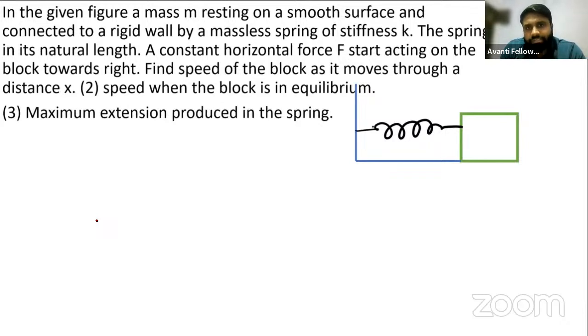Find the speed of the block as it moves through a distance x; second, the speed when the block is in equilibrium; and third, the maximum extension produced in the spring. So these three things we have to calculate. A constant force F is applied on it, this block has a mass m, this spring has a stiffness k, and this is the rigid wall we have.